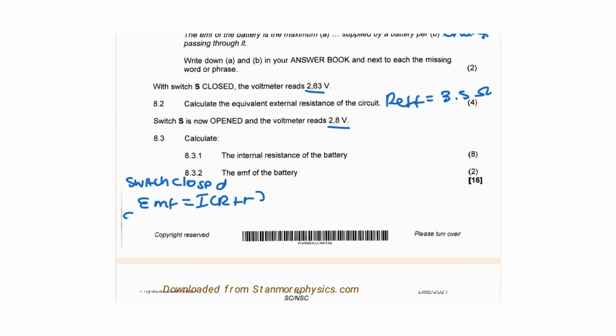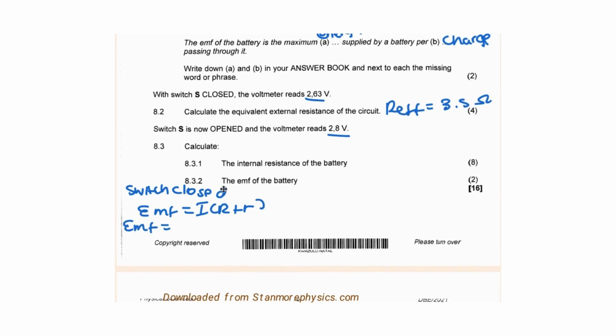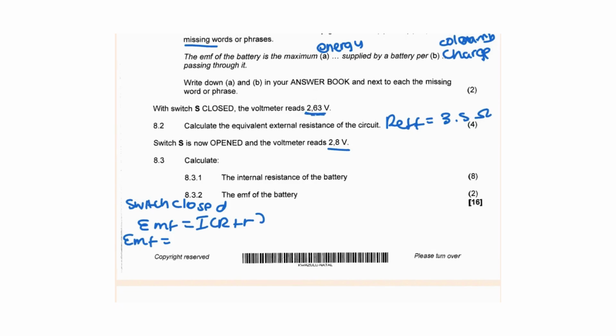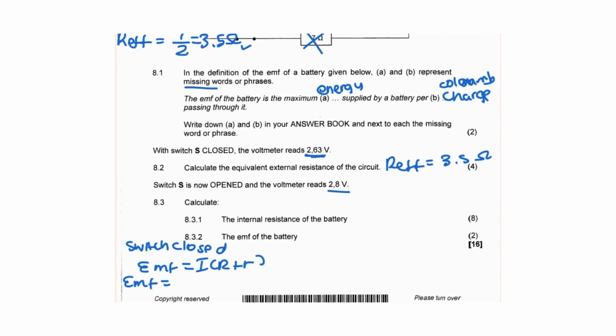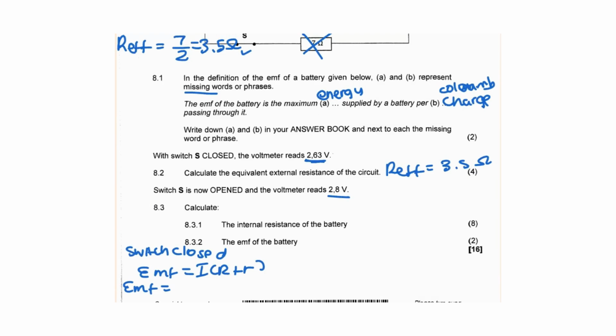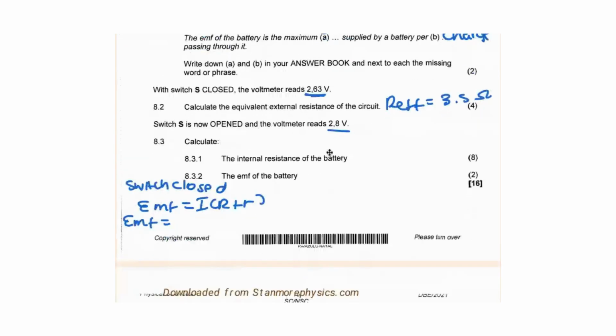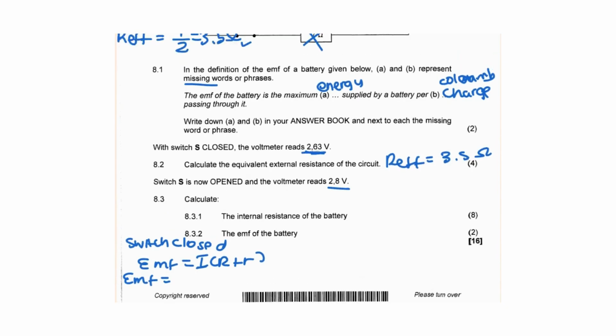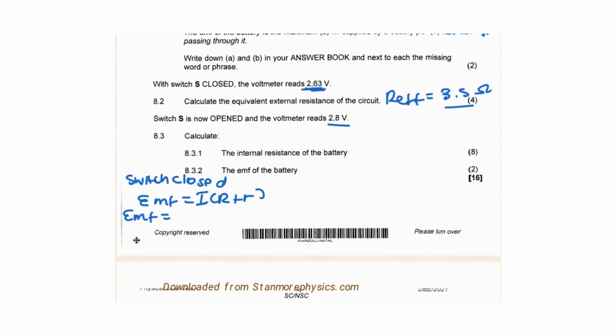We didn't have the current when switch S was closed, so we need to find I. We have the reading on the voltmeter, 2.63, and we have R effective, so current equals V over R, which is 2.63 over 3.5.